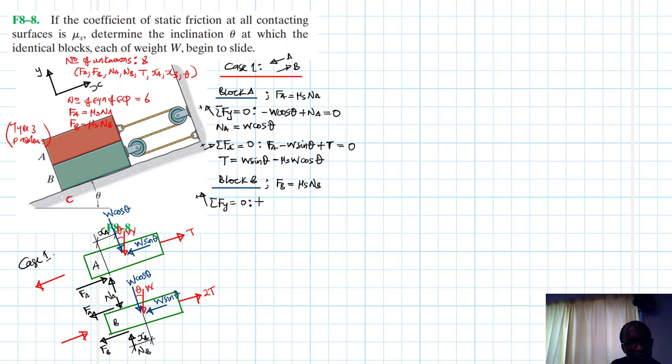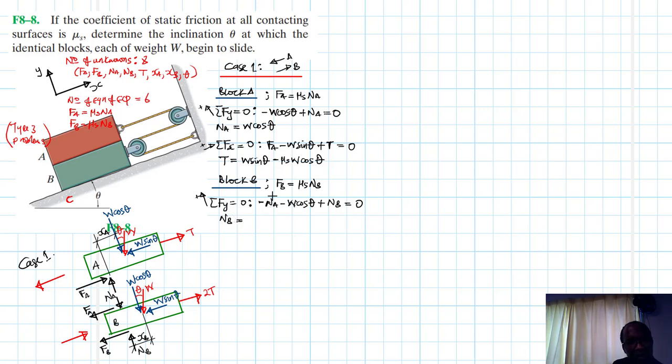So what do we have? We have minus NA, okay, minus W cos theta. What else? Then plus NB equal to 0. Therefore, our NB is just going to be equal to NA.